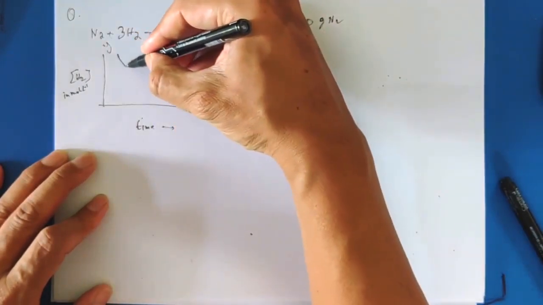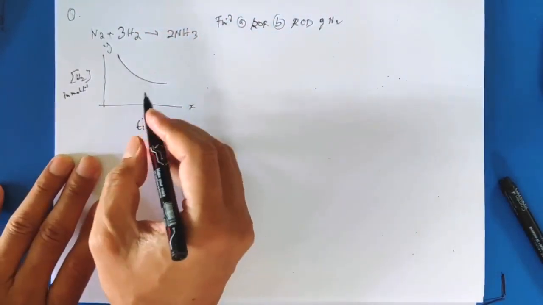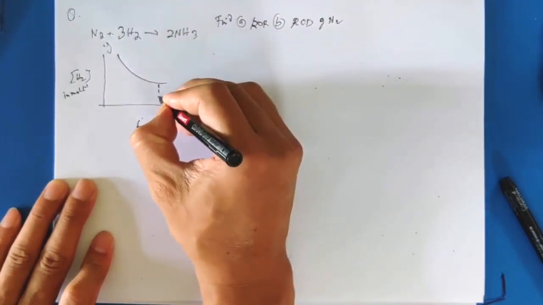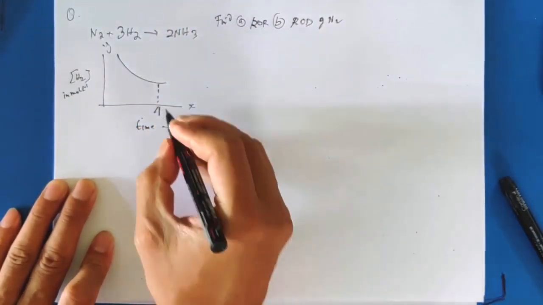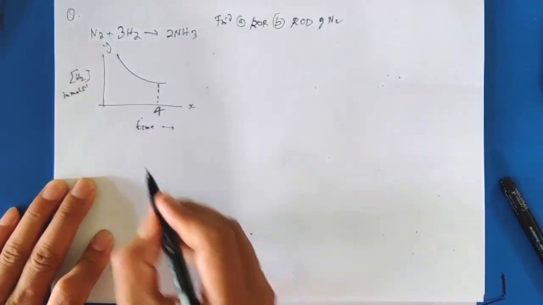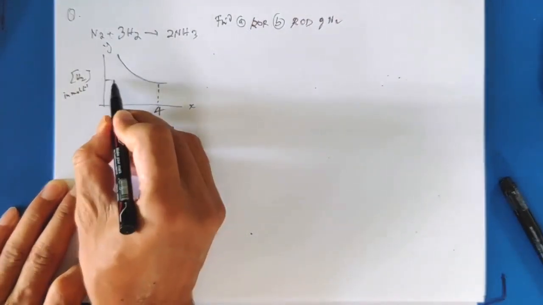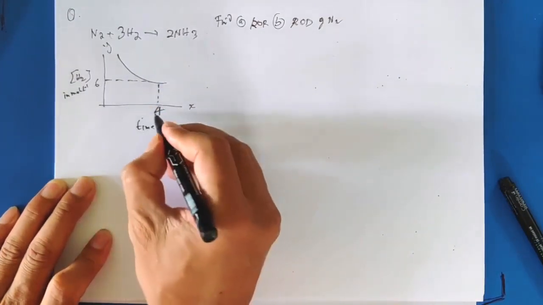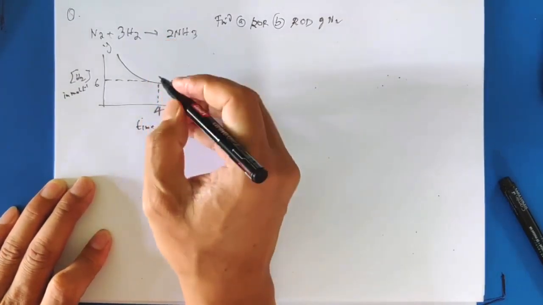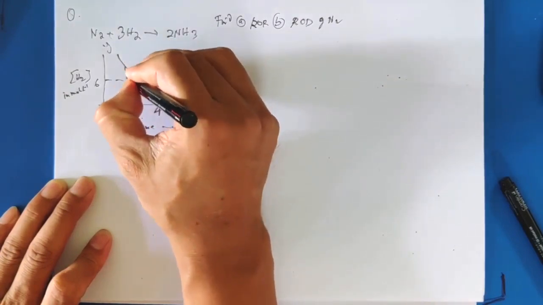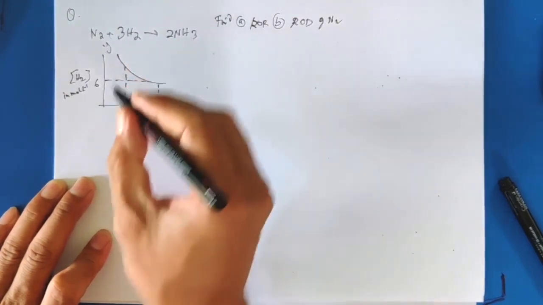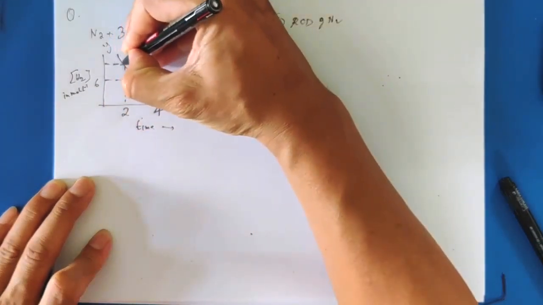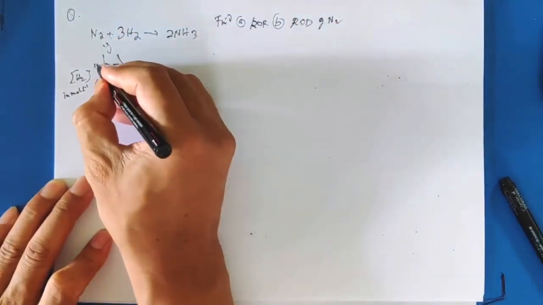The x value is 4, the y value is 6. This is 2, and the y value is 10.